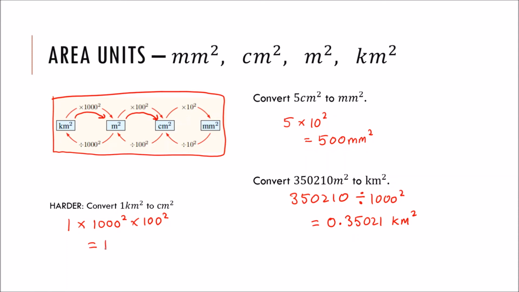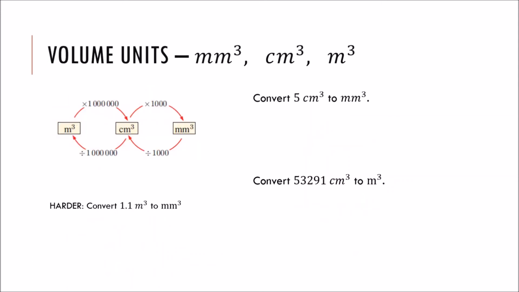It's something that looks like 1 times 10 to the power of 10. It could also come up as 1e10, and what that means is we have 1 and we have 10 zeros. So it's a big number.